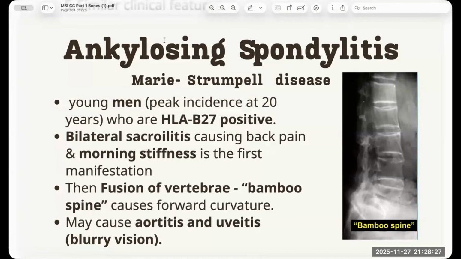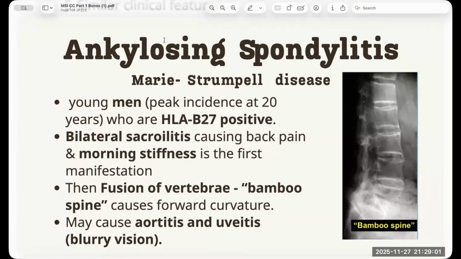It has bilateral sacroiliitis, causing morning stiffness. Super important. Morning stiffness. Why? Because morning stiffness is not seen with other diseases, such as gout and so on. So morning stiffness is a very good indicator of spondylitis, because the disease usually peaks at night, so when they first wake up, they would be in pain the most.